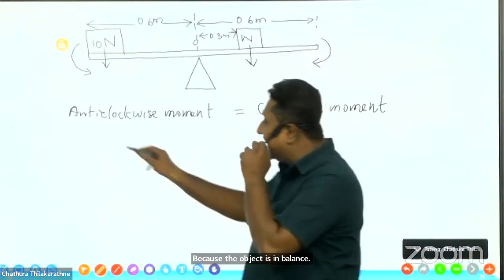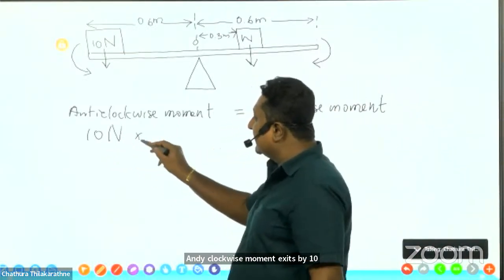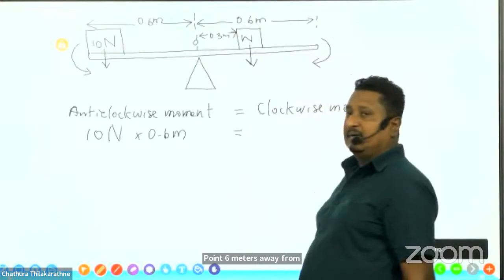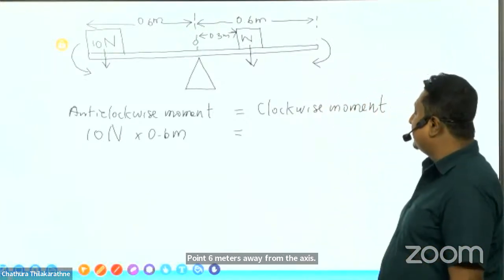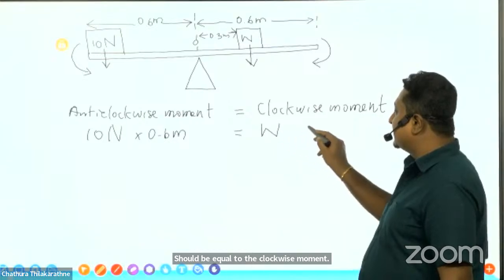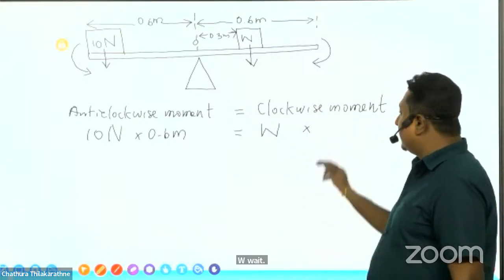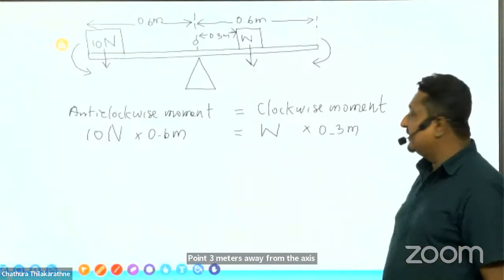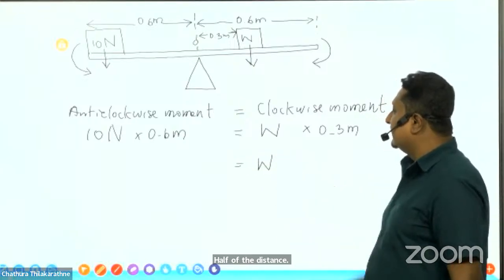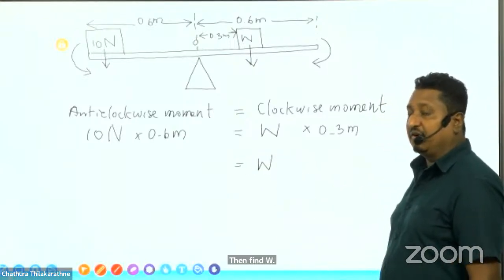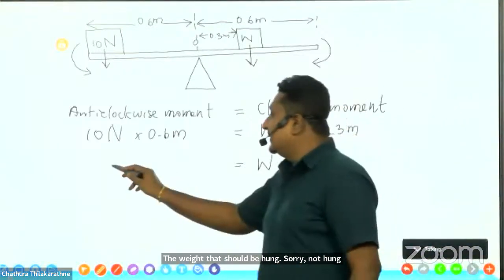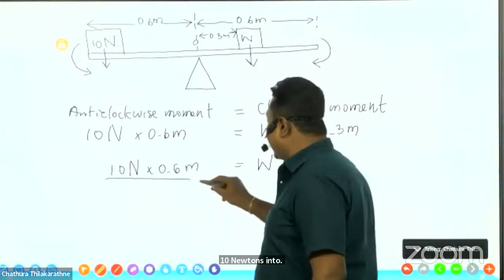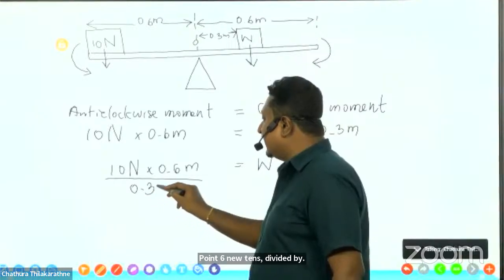The anti-clockwise moment exerted by 10 newtons of force 0.6 meters away from the axis should be equal to the clockwise moment given by the W weight, the unknown weight, 0.3 meters away from the axis, half of that distance. Then find W, the weight that should be placed. 10 newtons times 0.6 meters divided by 0.3 meters.